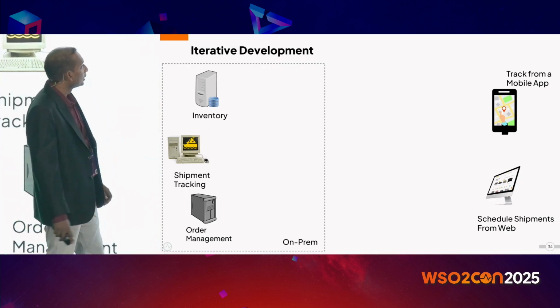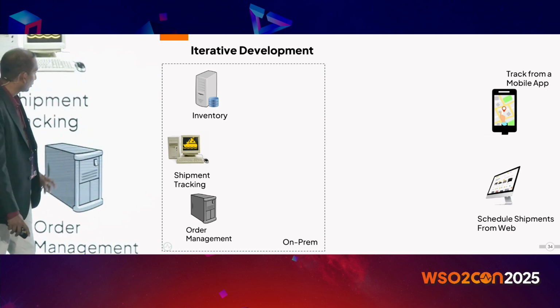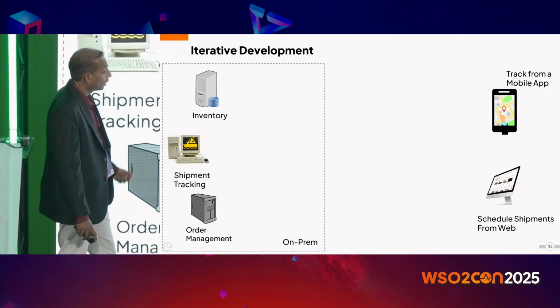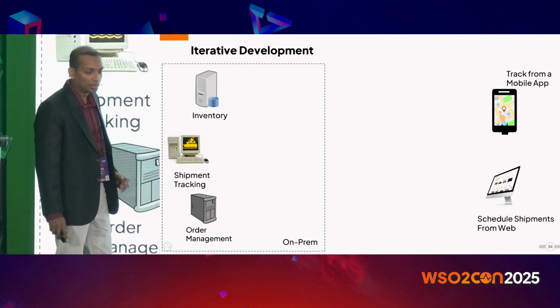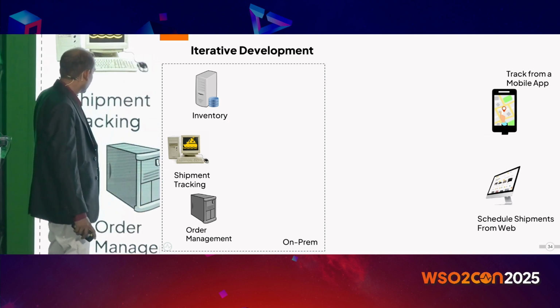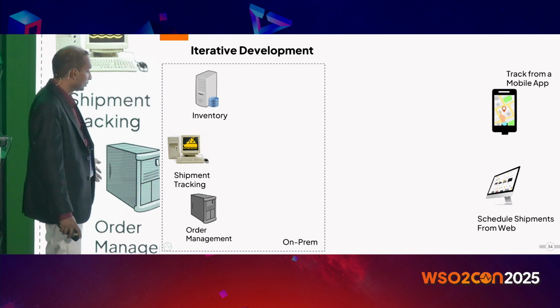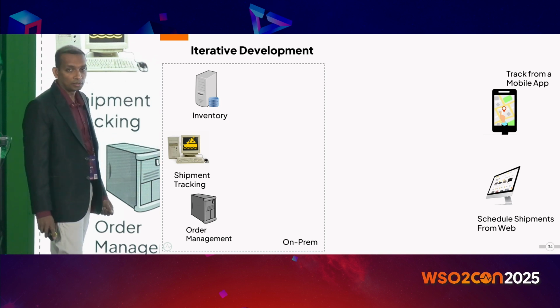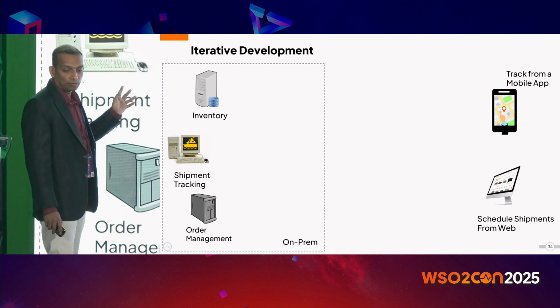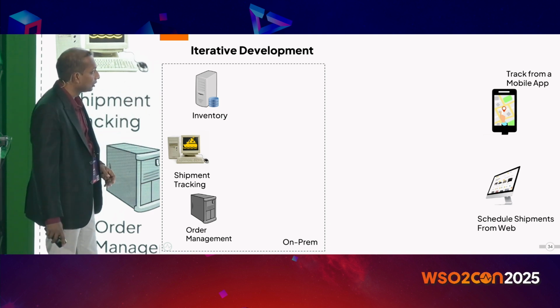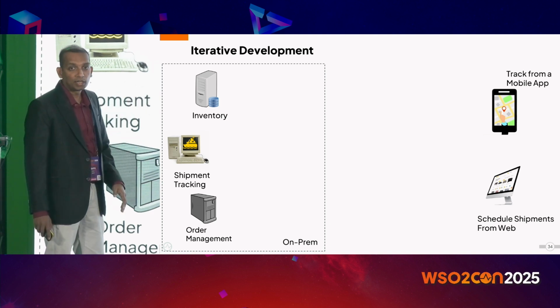So here I'm talking about how we can do this implementation for that particular project that we are talking about. Here on the left we have the legacy systems on-premise. We have 3 different systems. What we are going to do now is expose these as APIs.